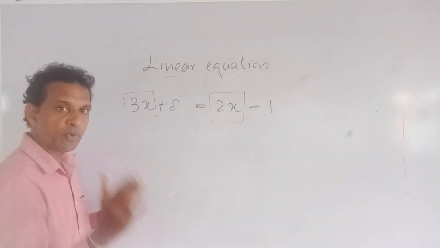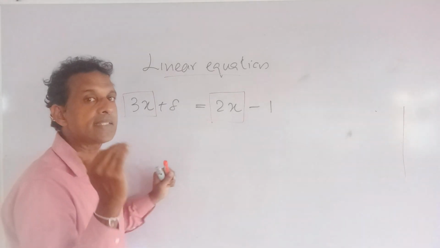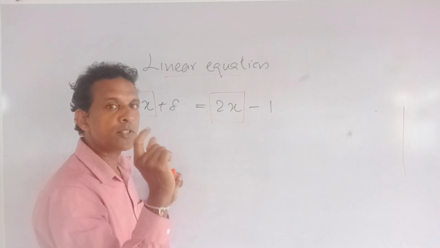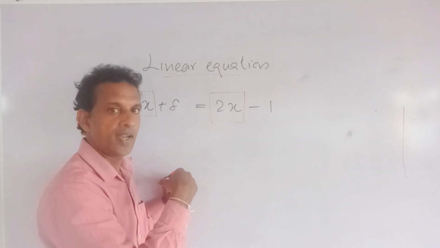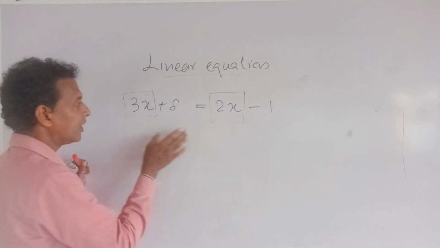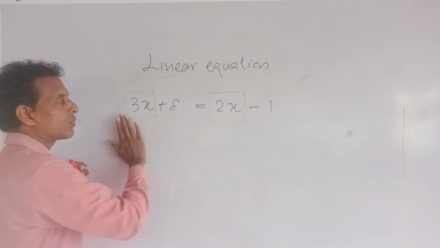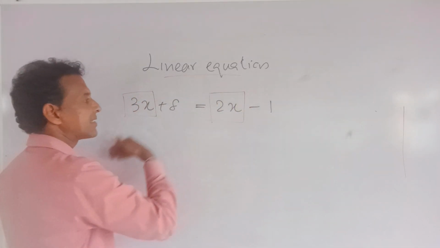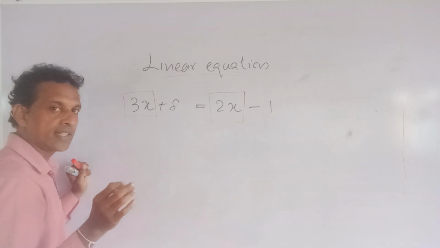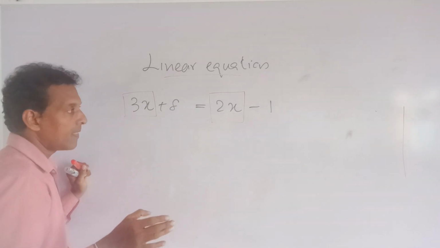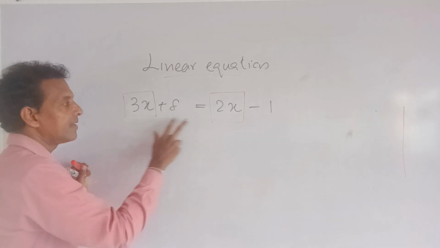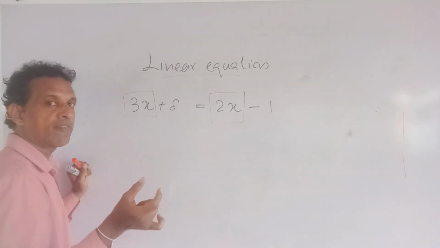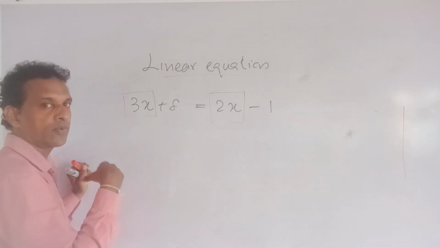It is easy if you take the smaller value to the larger side. It doesn't matter if you take 3x to the other side and numbers to this side, there is no change in the final answer. But it will make it easier if at the beginning you take the smaller value to the larger value.